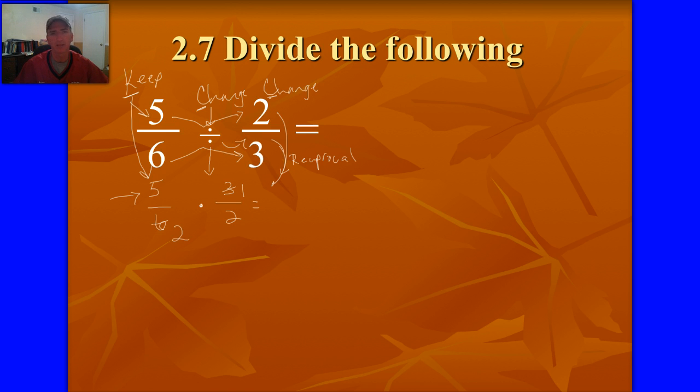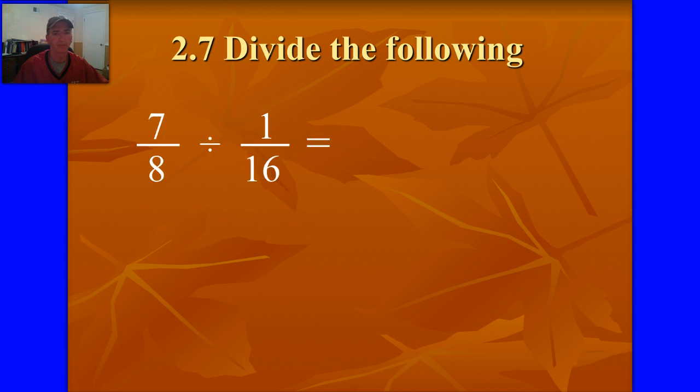We just reduce that like we learned previously with multiplication. 5 times 1 is 5. 2 times 2 is 4. So that answer, 5/6 divided by 2/3, comes out to be 5/4. Okay, that's how you do division. You have to do it that way. You can't just divide across. It doesn't work out that way.